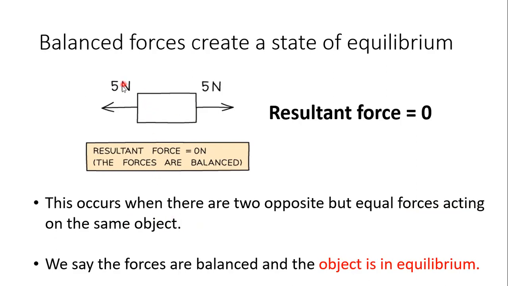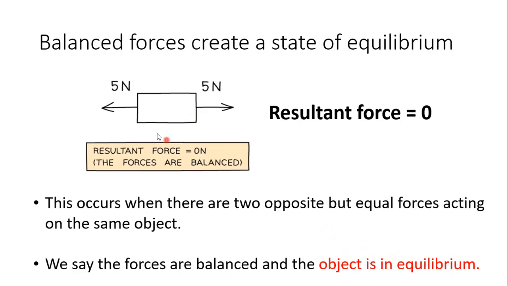If you have two forces that are equal but opposite, we are going to get balanced forces, and the resultant force is going to be 0. So this object now is said to be at equilibrium. In other words, it's going to be stable.